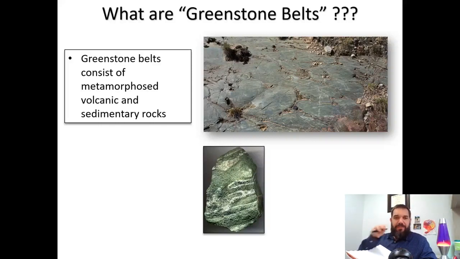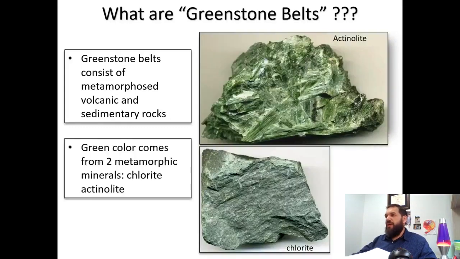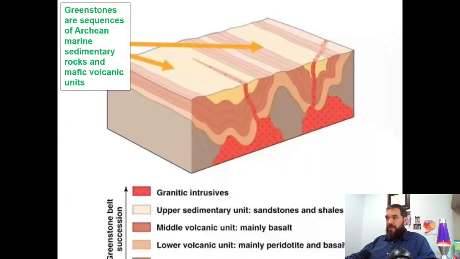So that's intermixed: volcanic, marine sedimentary, volcanic, marine sedimentary, all on top of each other, metamorphosed. That green color is from two minerals, chlorite and actinolite. Actinolite is a kind of amphibole. So greenstones are sequences of Archean marine sedimentary rocks and mafic basaltic volcanic units.